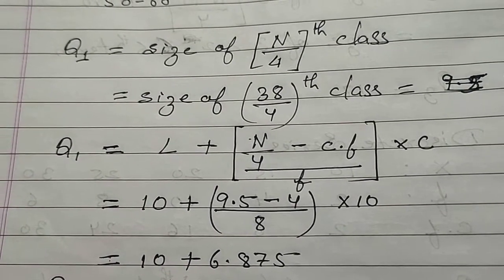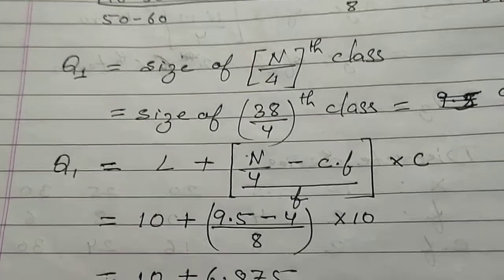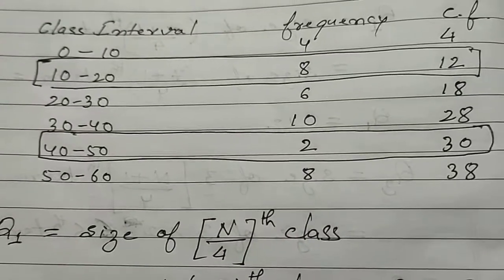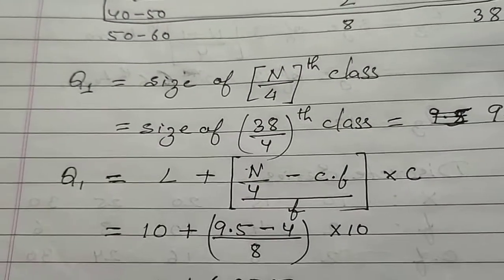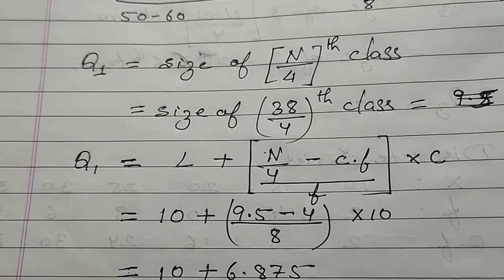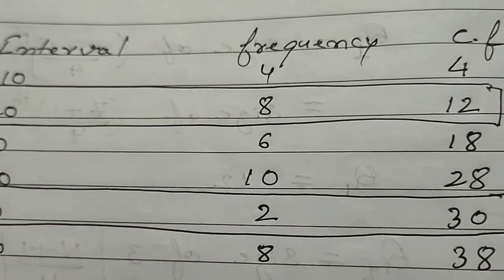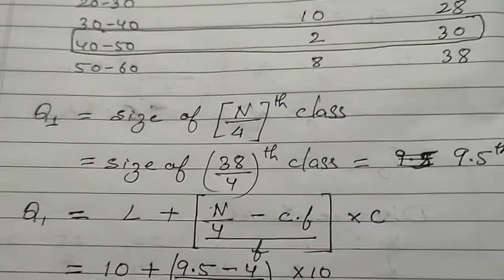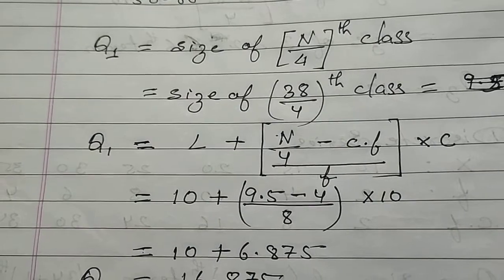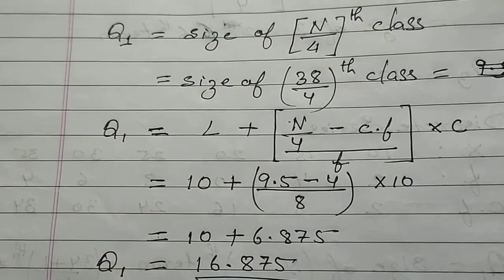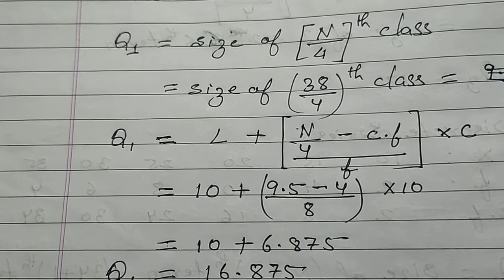The cumulative frequency we have to take is that of the previous class, which is 4, as we can see here. This is divided by the frequency of the same class, which is 8 here, and into 10, that is the class width. By putting in these values and solving, we get the value of Q1 as 16.875.